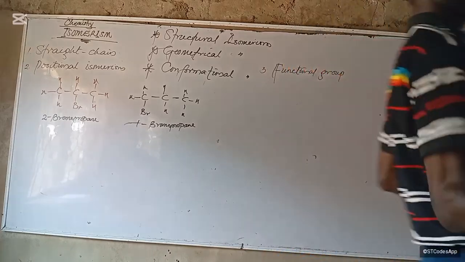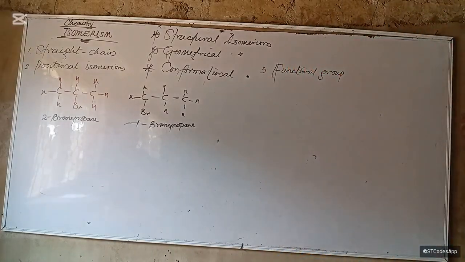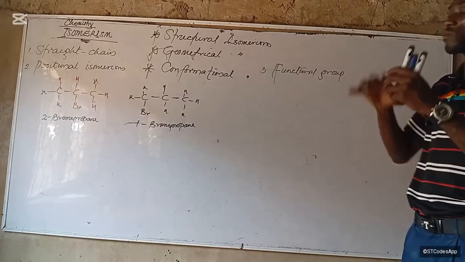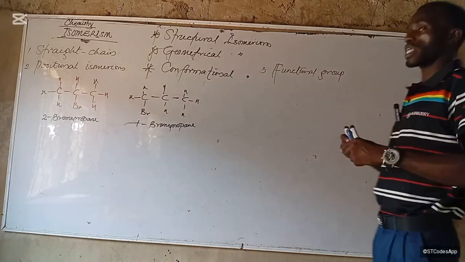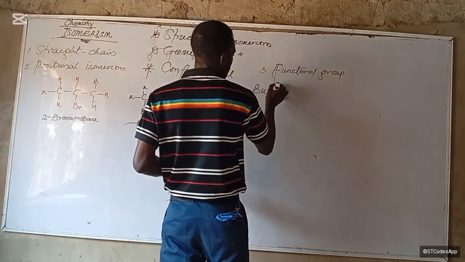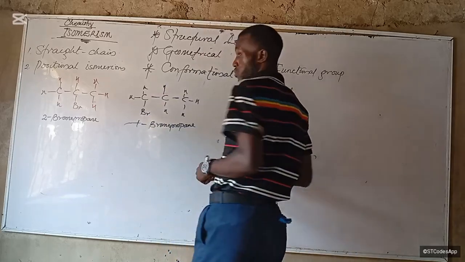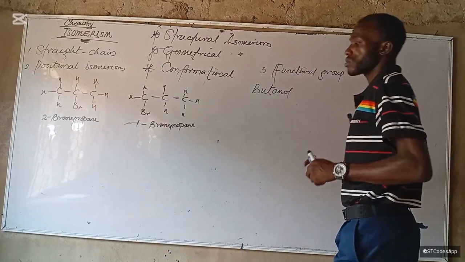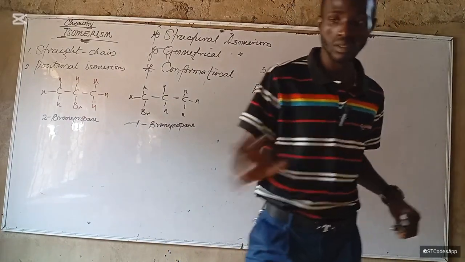Now I'm going to give you an example and see if you already understood what I said about positional and functional group isomerism. Some people usually mistake positional isomerism for functional group isomerism. Now look at these two molecules. We have butanol, for example, no, let's use ethanol, something as simple as that.